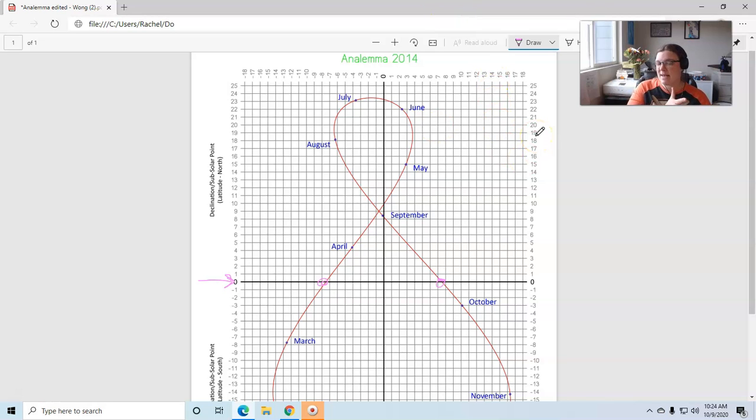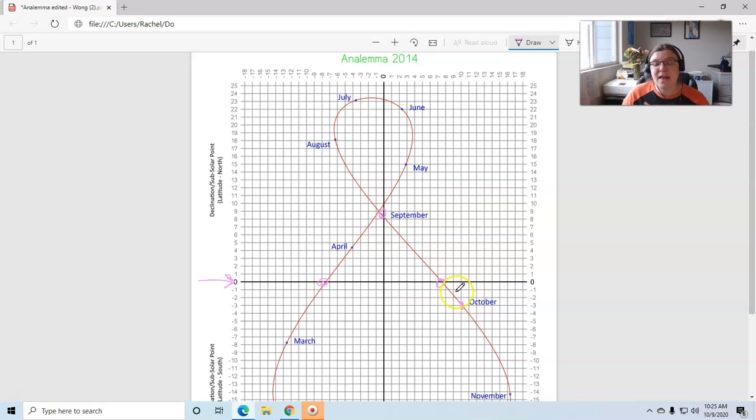This is where it gets a little messy, because you have to guesstimate the dates based on these little red lengths of line. So for example, think about the fall equinox that we just had, September 21st or 22nd or something. This blue dot right here is September 1st, and this blue dot right here is October 1st.